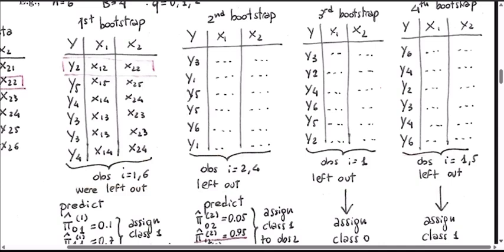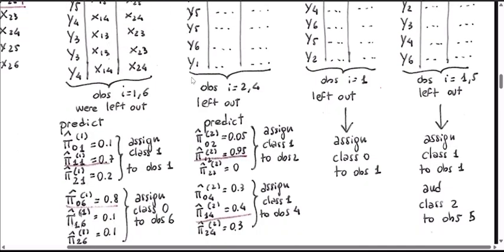If you take a look here, observations 1 and 6 are left out. Then I'm going to compute the posterior probability for group 0, group 1, group 2.